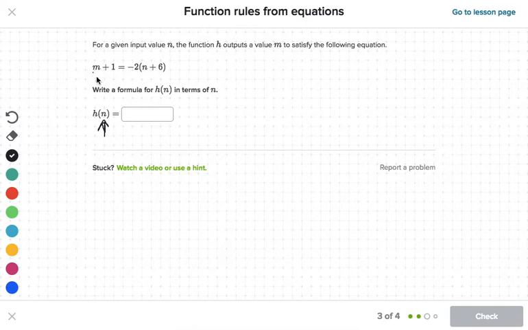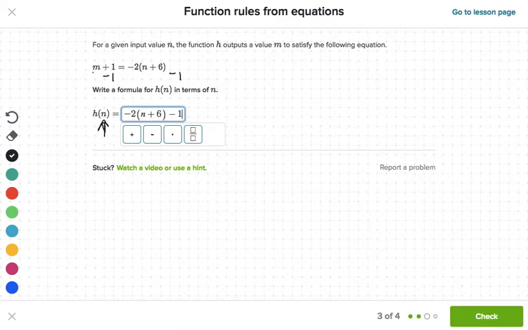We only see it in one place, so this is a really simple one. All we've got to do is subtract 1 from both sides, and we are done. This one is just the same as what we've got above, just with a negative 1 on the other side. All we have to do is subtract 1 from both sides and we're done.